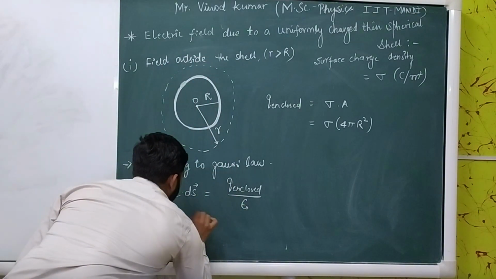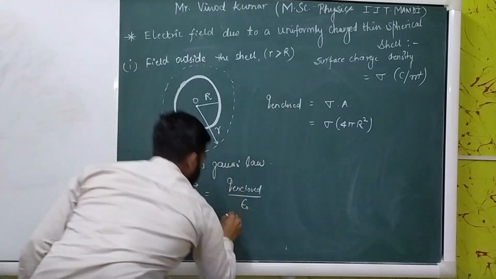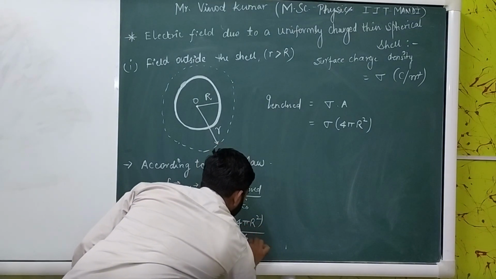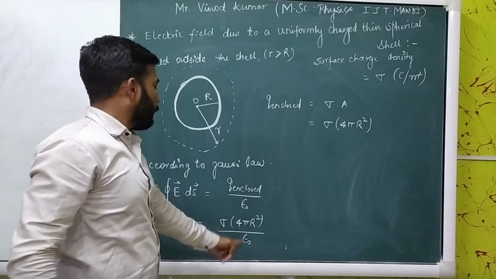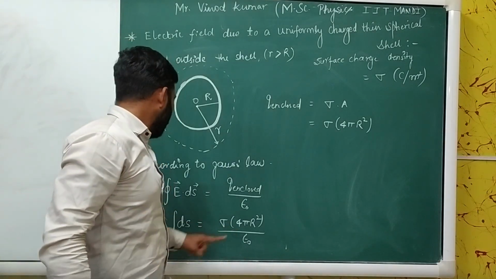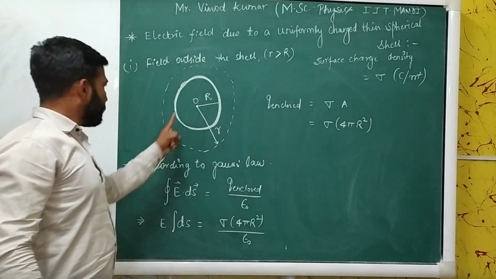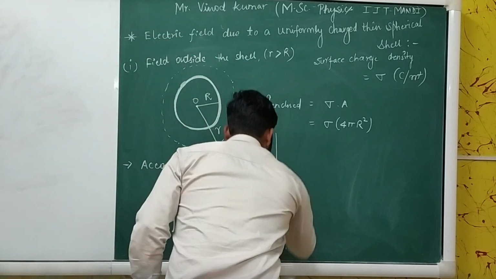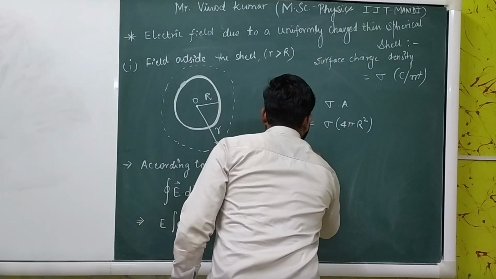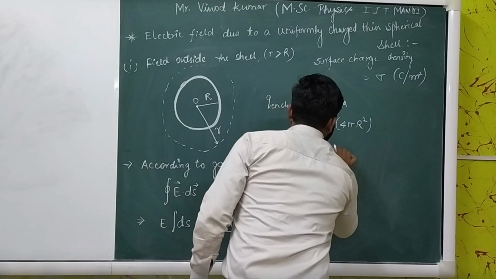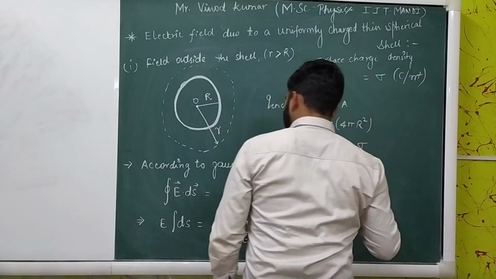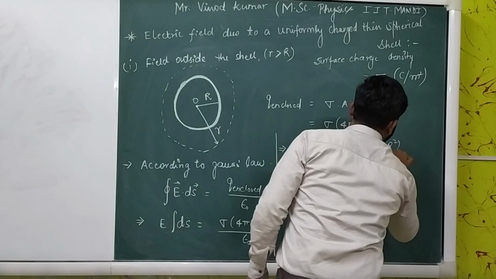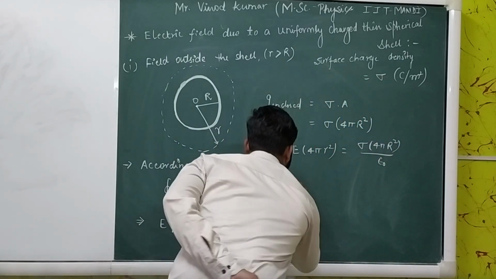And ds, the integral of ds, equals the surface area of this assumed Gaussian surface, which is 4 pi r square. And the Q enclosed is sigma into 4 pi R square upon epsilon naught. So it can be written as E into 4 pi small r square equals sigma into 4 pi capital R square by epsilon naught.